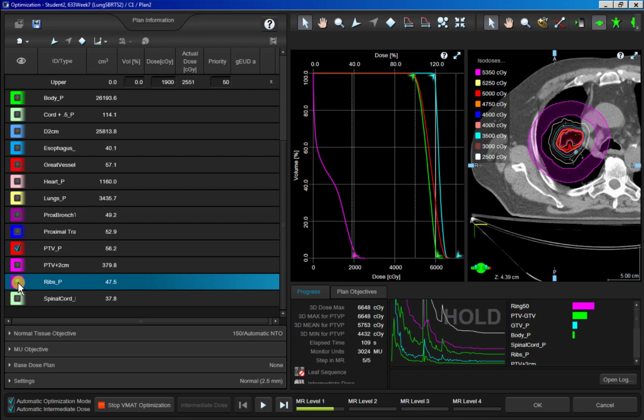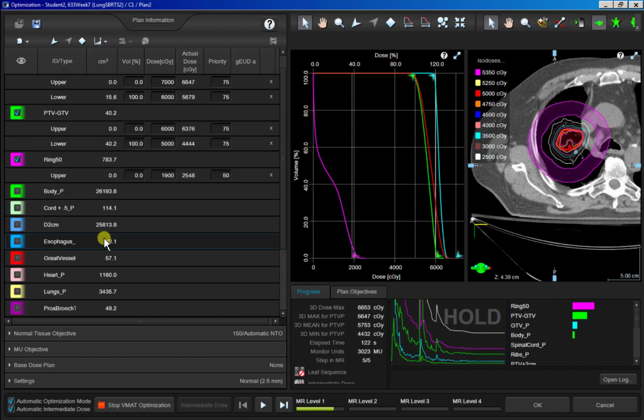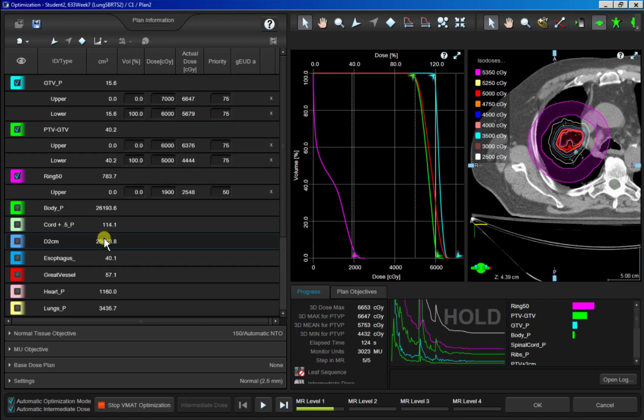Ribs can be one of those tricky ones. Most clinics, I think, prioritize coverage over your rib constraints, but in this case, the ribs are pretty low too. So everything's pretty low. So in this case, I probably would not add any more constraints on my OARs.